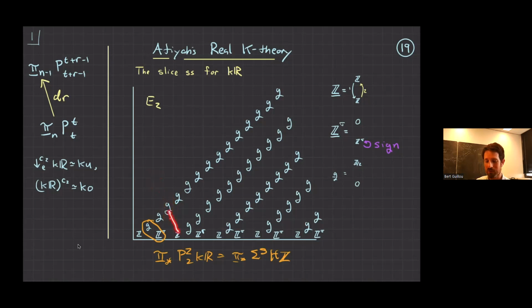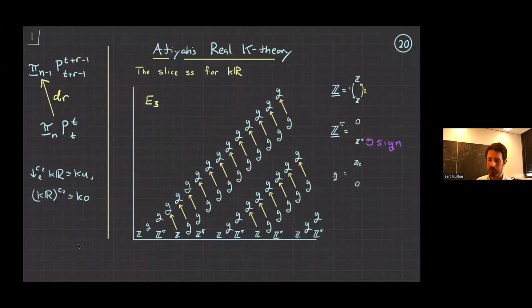And the only thing that could possibly hit it is this Z here. We know the answer for the homotopy, so we have to have this differential, and then by multiplicativity that propagates along this diagonal, and so we get all those differentials. And then the eightfold periodicity will tell us this one has to happen too, and we get all of these.